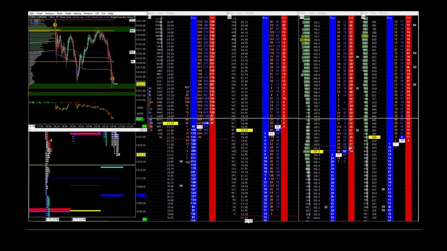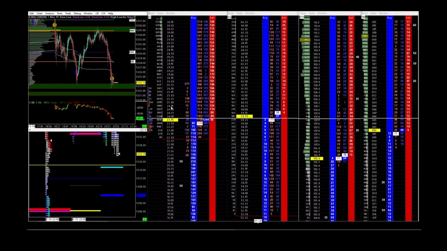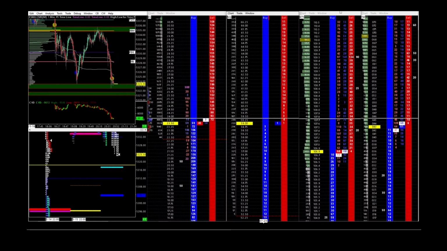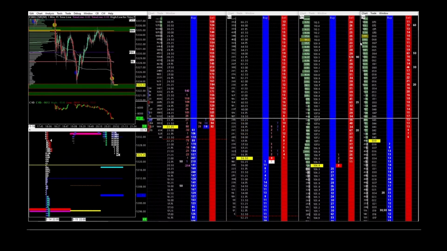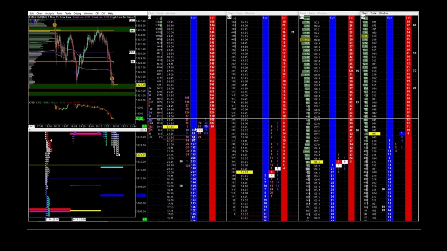Now we're going to fast forward this a little bit, where we actually clear the DOM. If you've not seen how to clear this, there'll be a video in the description on how to set up your hotkeys to instantly clear this.